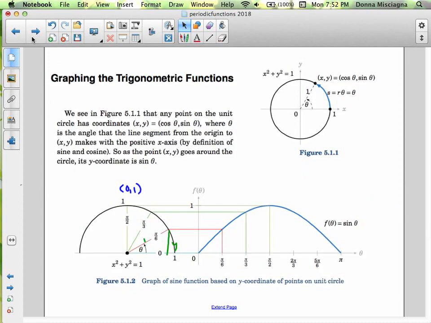So our x values on our graph are radian measures, but on the unit circle the x represents cosine and the y represents sine. The x values don't represent radian measures. The amount of turn is the radian measures.